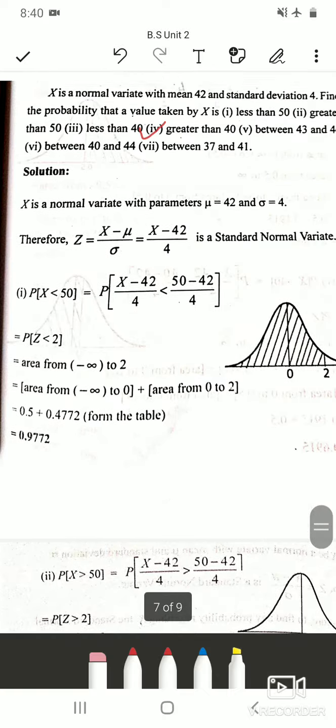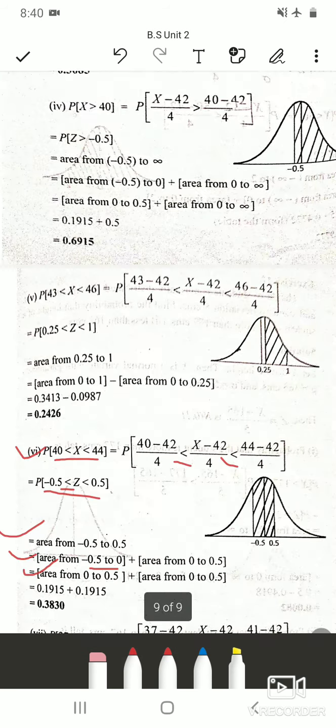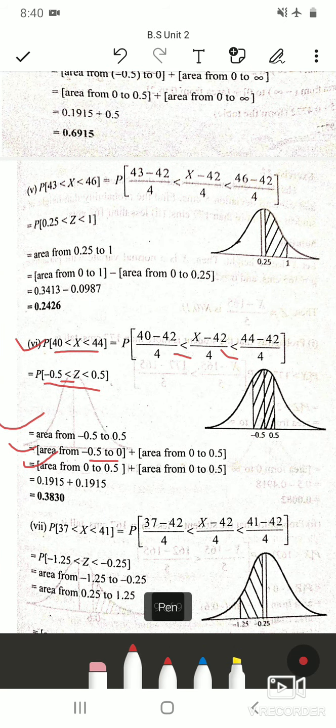Go to the table and check for z under 0.5. It is 0.1915. Substituting this value, it is 0.1915 plus 0.1915. So you will get the probability as 0.3830.